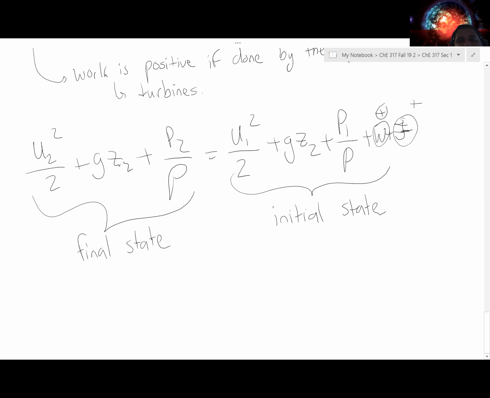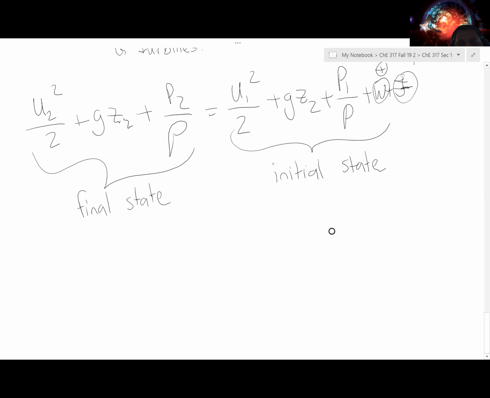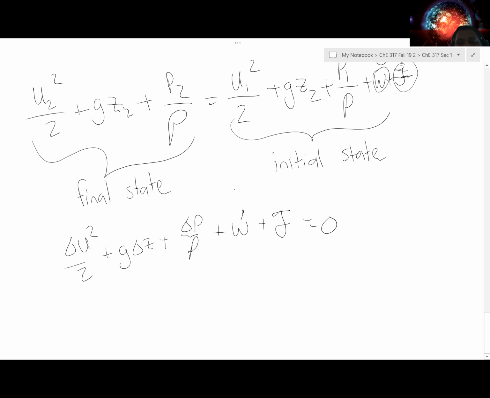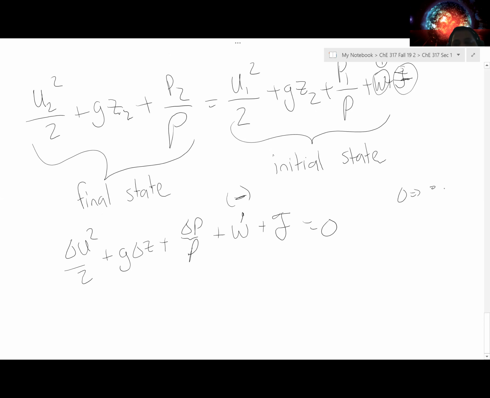Now, if I moved it back to the original form where I had everything on the left side, it would look like this. As it's originally written, now it would be negative because it's on this side. Where the delta is looking at state 2 minus state 1, or the final minus the initial. That's the convention we use for an analysis over 2 states.